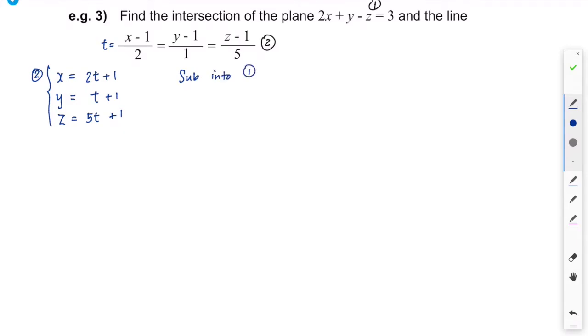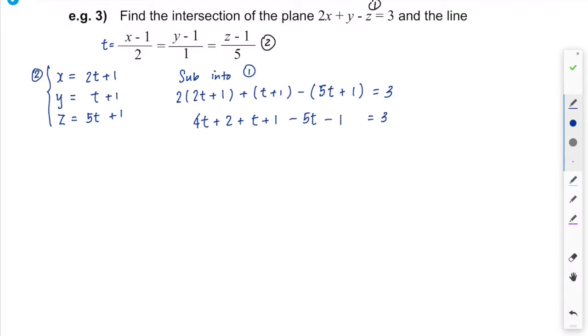this into equation 1. So 2x, 2 times (2t plus 1), plus y, t plus 1, minus z, (5t plus 1), equals 3. 4t plus 2, plus t plus 1, minus 5t minus 1 equals 3. Let's see. 4t plus t, 5t minus 5t, 0t. 2 plus 1, 3 minus 1 is 2.